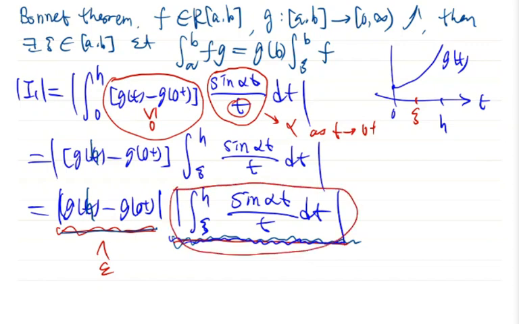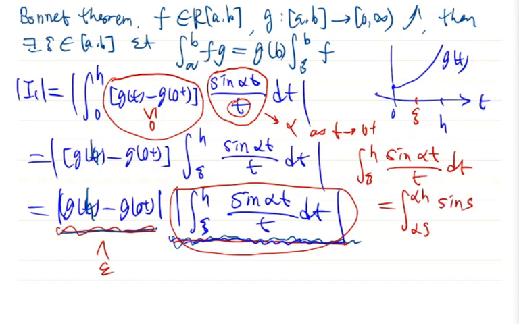The integral from c to h of sin(αt)/t dt, by a change of variable, is the integral from αc to αh of sin s / s ds. Because the c here depends on alpha, for different alpha this is a different function.